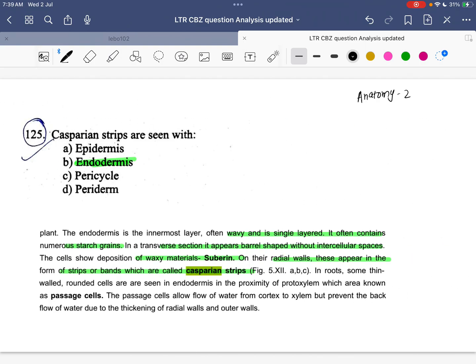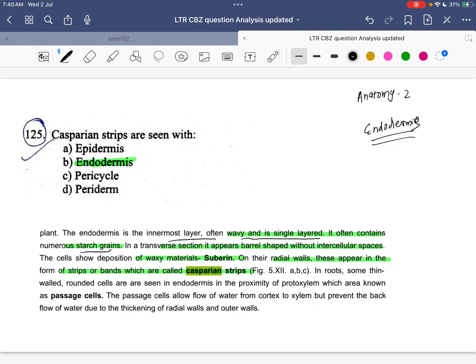Casparian strips are seen with the endodermis. The endodermis is the innermost layer. The epidermis is the outermost layer, often wavy and single layered.